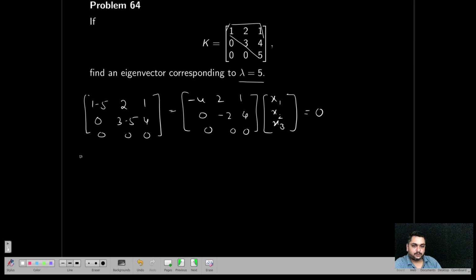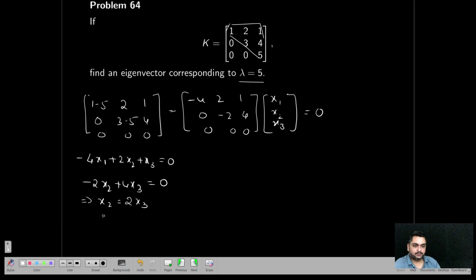So this is 4x1 plus 2x2 plus x3 is equal to 0, the first row. Then the second is minus 2x2 plus 4x3 is equal to 0. So I can write it as x2 is equal to 2x3.